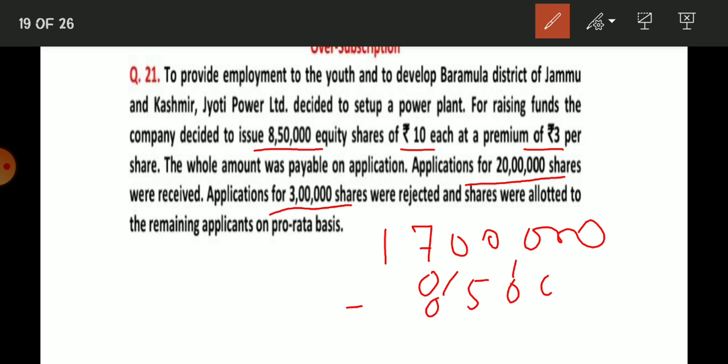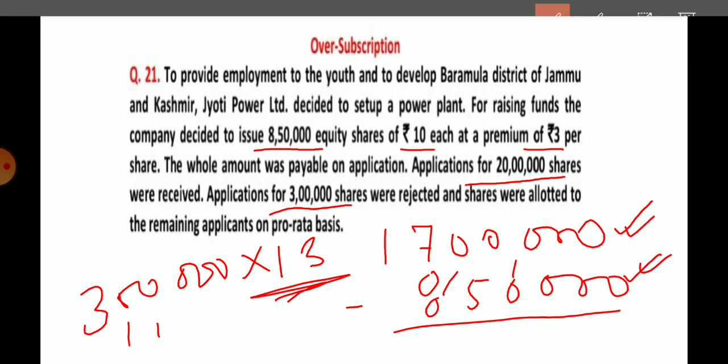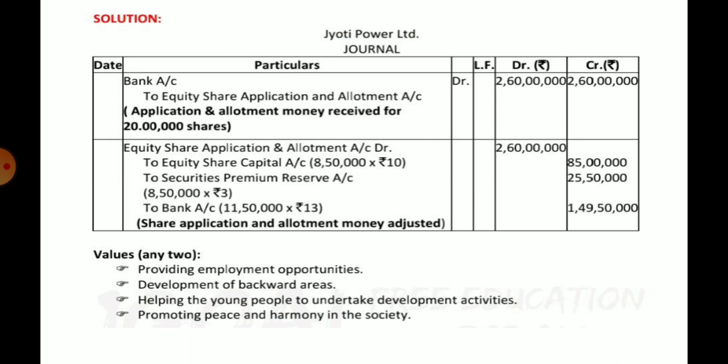They have only a slot of 8,50,000, but they accepted 17 lakh shares, so this will be the pro rata basis, and the remaining amount of 3 lakh shares will be refunded from the application amount. In application they are demanding 13 rupees, 10 rupees as the amount of the share and 3 rupees as a premium. Okay, so here is the solution.